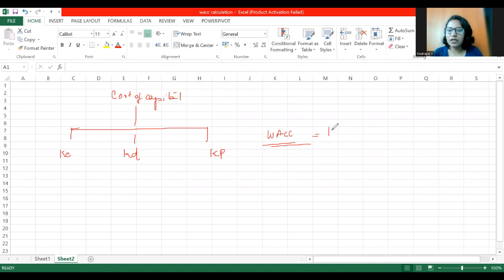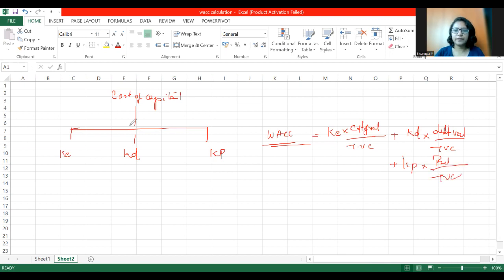WACC is KE into equity value by total value of capital plus KD into value of debt by total value of capital plus KP into preference share value by total value of capital. So this is WACC or the cost of capital.